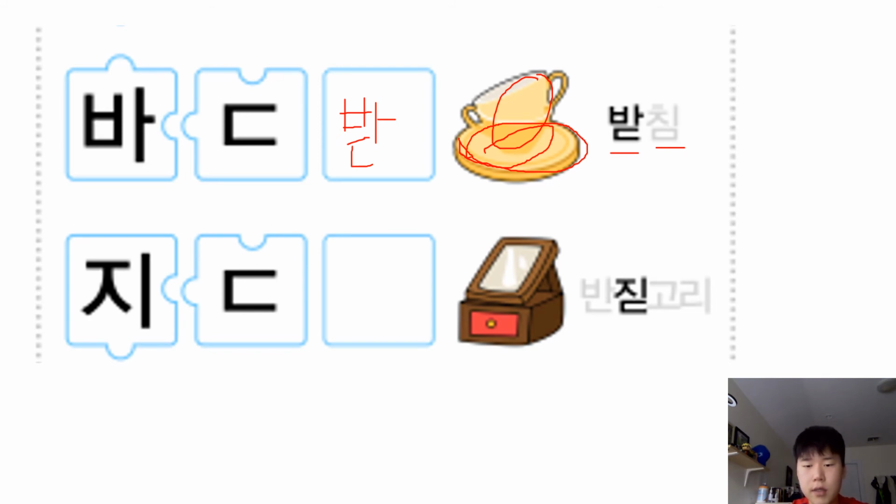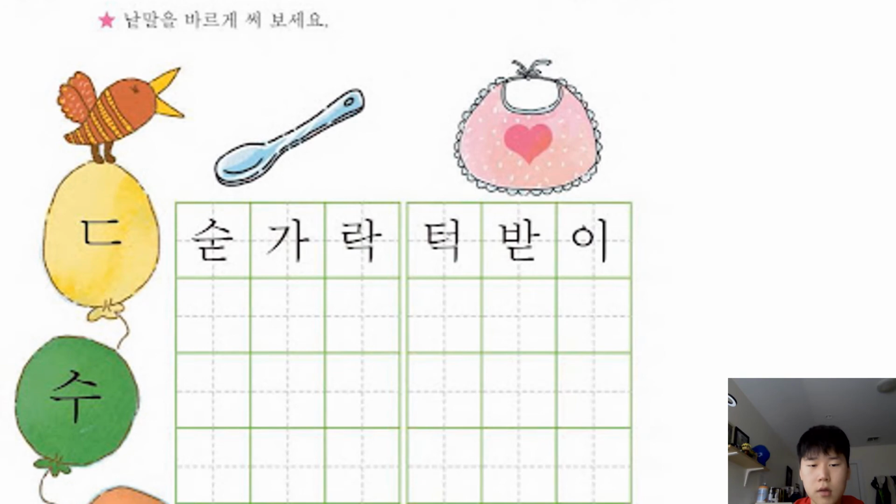Or in this case, it's a ring. So let's write it. 지 and then 티귿. 짓.